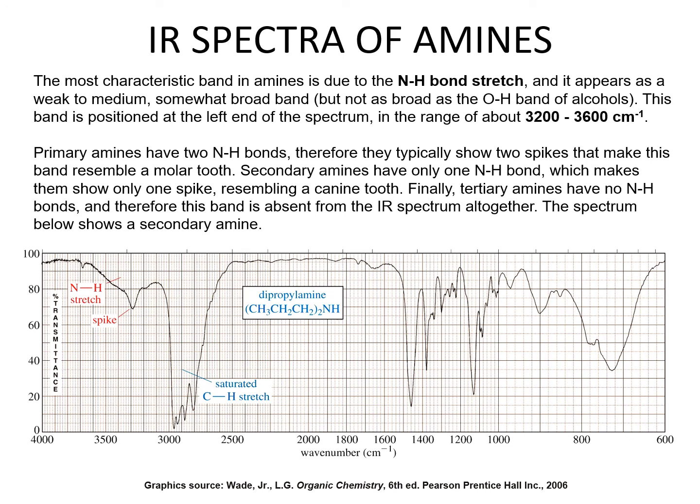So here we show dipropylamine. It's a terminal amine. You see the CH stretches there, a little bit above, a little bit below 3,000. But then around, say, 3,300, 3,400, you see that tiny little peak, and it's kind of broadened out in that area. So that's very indicative of an sp2 nitrogen hydrogen stretch.